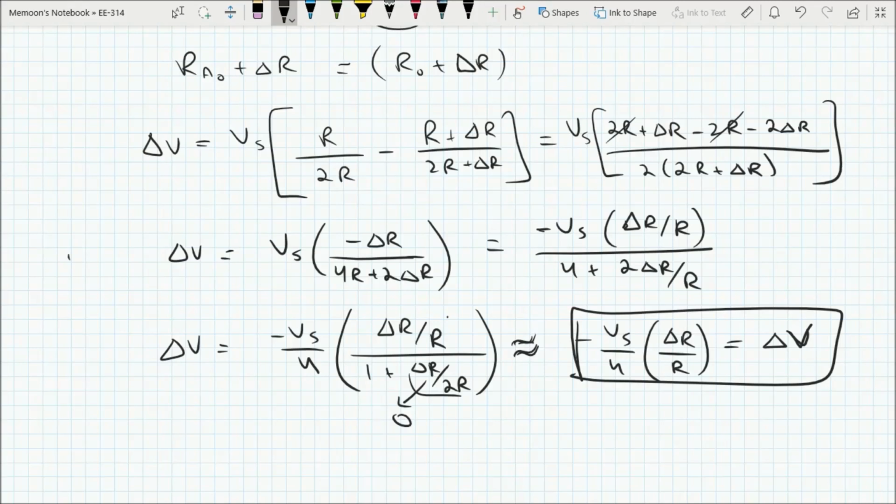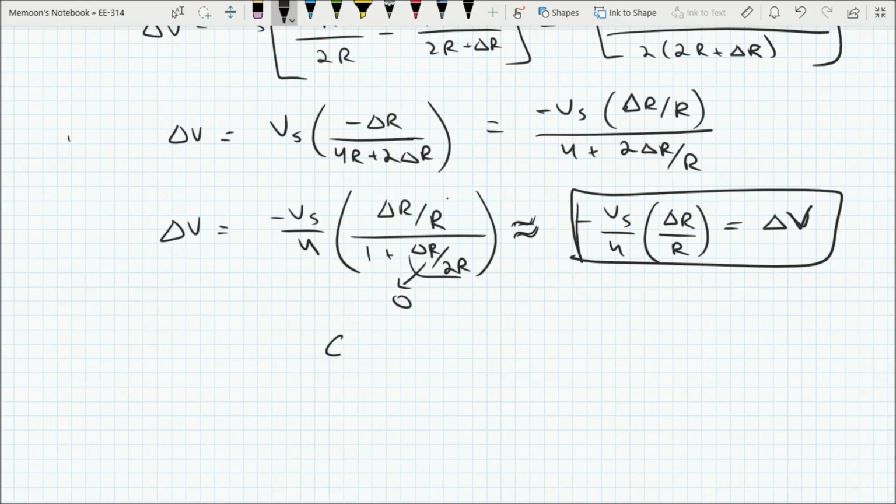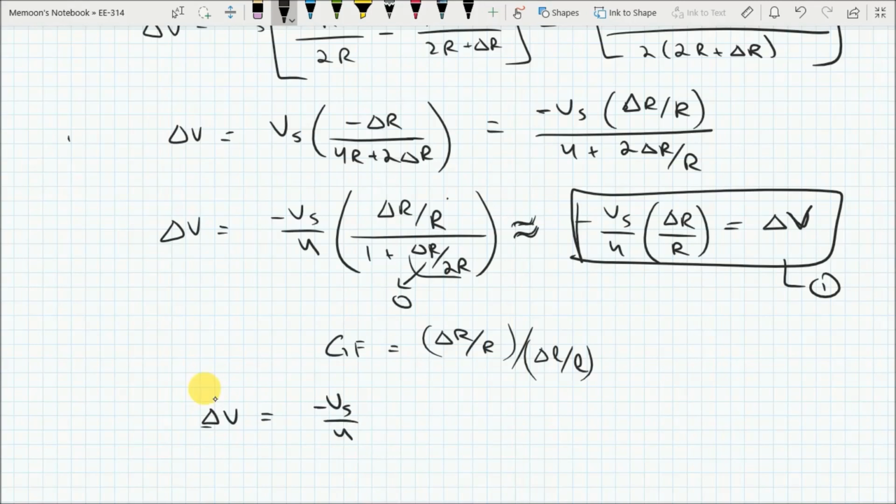And if we further write it in the form of gauge factor, as the gauge factor is delta R over R over delta L over L, then this equation 1 would become delta V is equal to negative Vs over 4 into strain into the gauge factor.